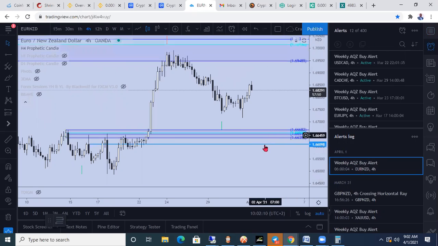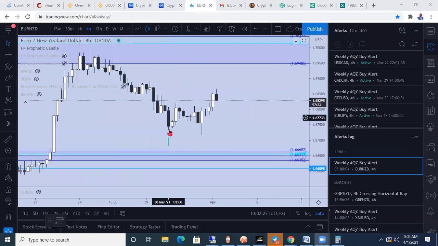If I click on Euro NZD there, it's telling me that I got an alert for this H4 PC, right? I got an alert on this PC.